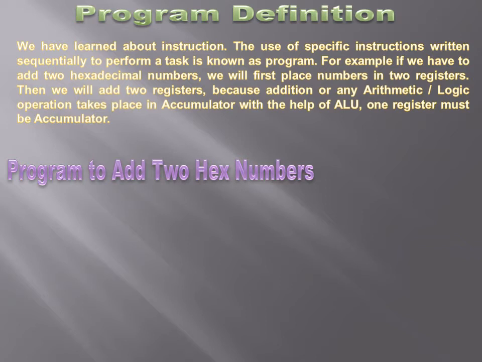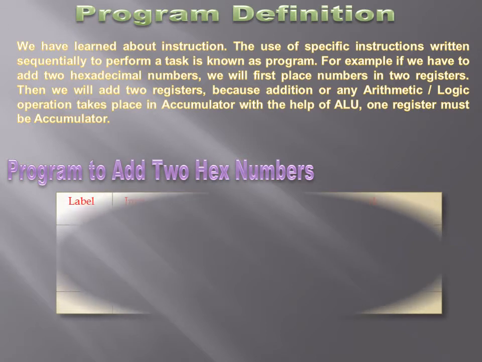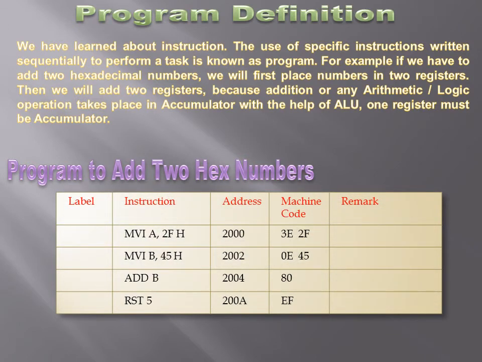So here is a program to add these two numbers. For the beginning, we are moving one number into the accumulator, MVI A, 2FH. Then we move the other number into the B register, MVI B, 45H.